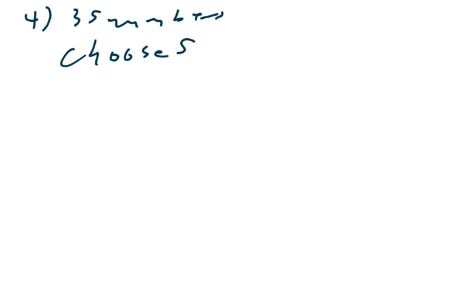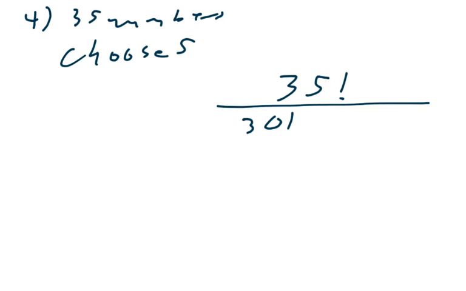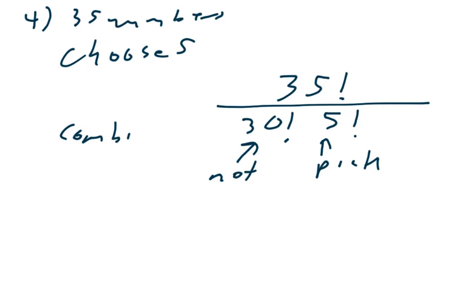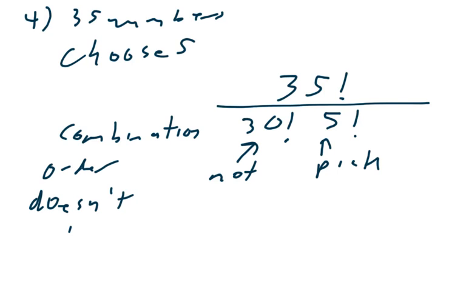For problem number 4, we're asked how many different ways can we choose 5 lotto numbers out of 35. Now, because the lotto does not care about the order in which you pick them, or else no one would ever win the lotto, order doesn't matter. So when I pick 35, I'm going to divide by 30 factorial, but I'm also going to divide by 5 factorial. 5 is the number picked, 30 is the number not picked, and this is called a combination because order doesn't matter.